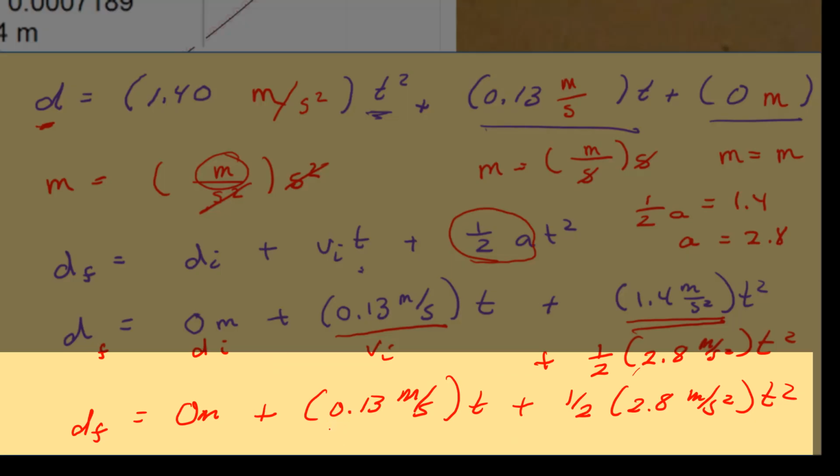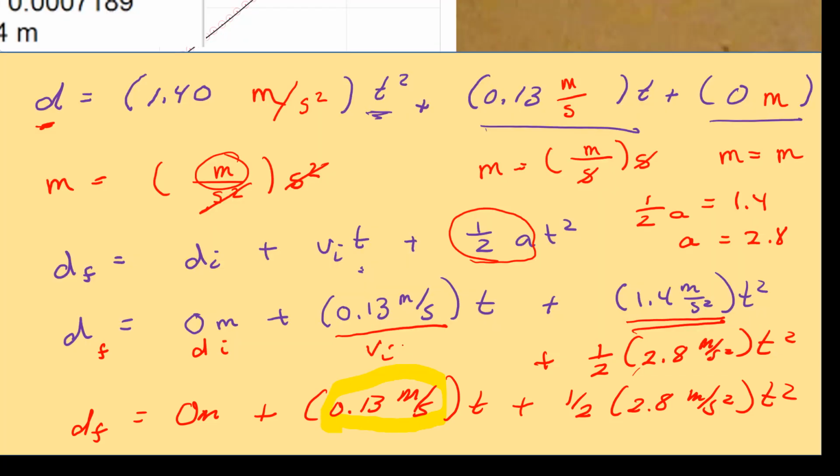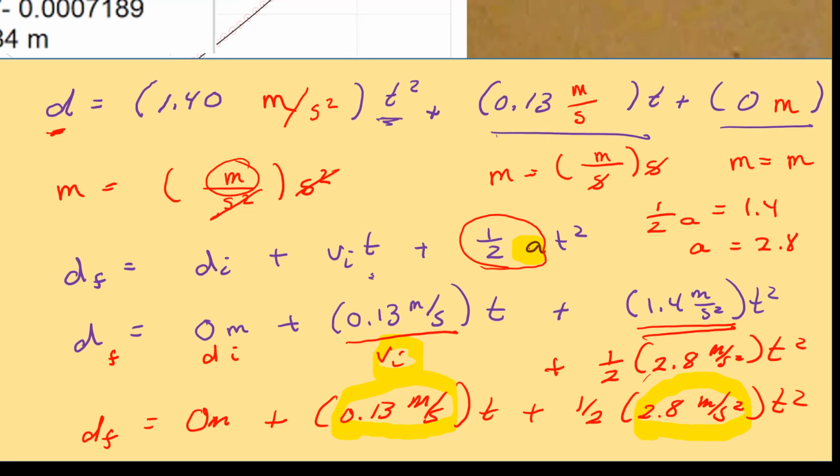Now I can see that this 0.13 is my initial velocity from this graph. My 2.8 meters per second squared is the acceleration from this graph. And now I can compare my numbers between the two graphs and do some statistics.